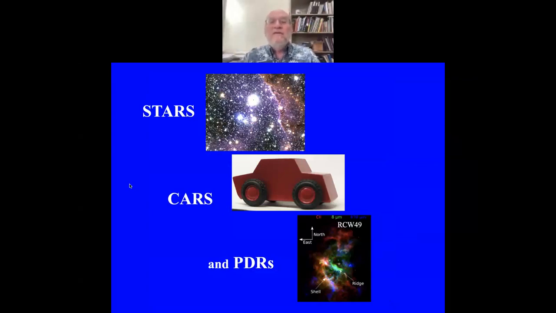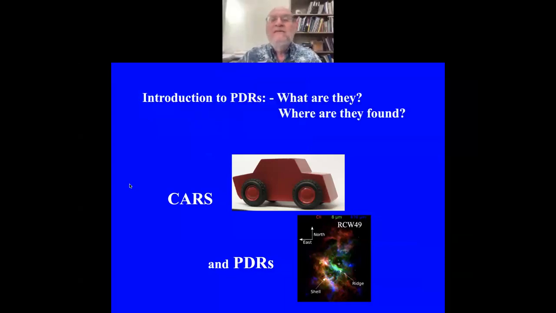So this is a talk that I like to call Stars, Cars, and PDRs. I'll start off with a brief introduction to PDRs. What are they? Where are they found? And some general characteristics.